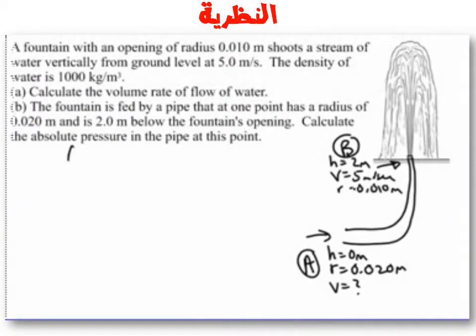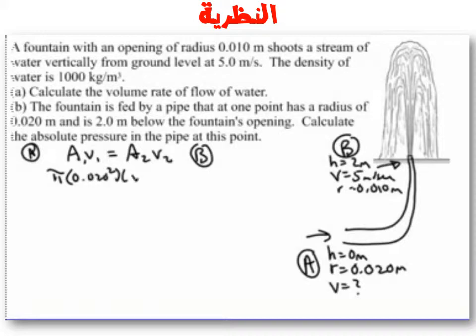So what I'm going to do is use the continuity equation, A1v1 equals A2v2, and I'm going to call this side A and this side B. So I'm going to use pi r squared. This is at point A, which is 0.020 squared, and my velocity is, I don't know, that's what I'm trying to find. And I have pi, my radius is 0.010 squared, and my velocity is 5 meters per second.